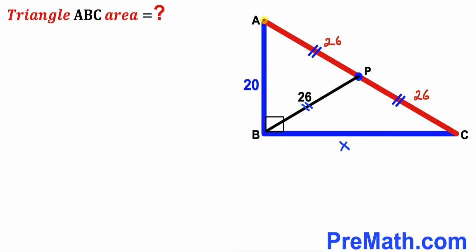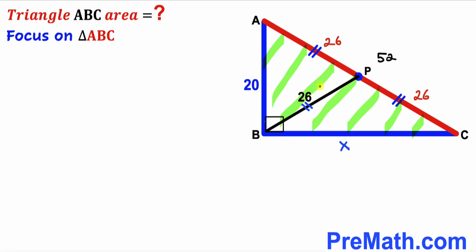So the whole hypotenuse AC length is 26 plus 26, which gives us 52 units. Now we are going to focus on right triangle ABC, and apply the Pythagorean theorem to solve for x.